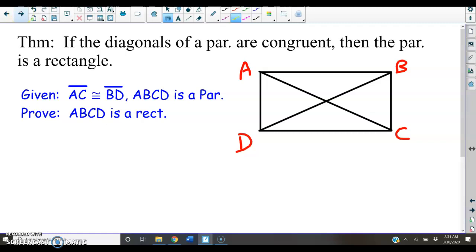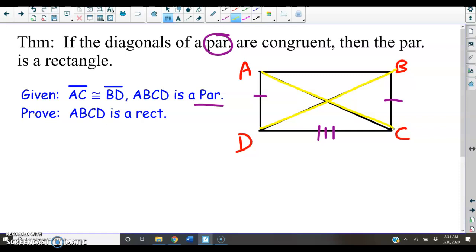Okay. This one goes backwards. If the diagonals of a parallelogram, notice it's a parallelogram, you've got to meet them halfway, are congruent, then the parallelogram is a rectangle. So since it's a parallelogram, these opposite sides are congruent. This is congruent to itself, and DB and AC are congruent.